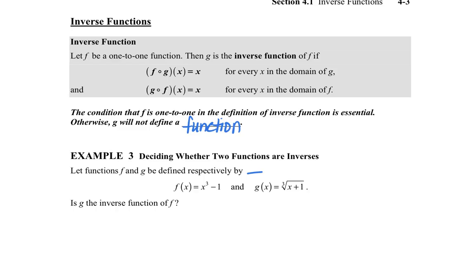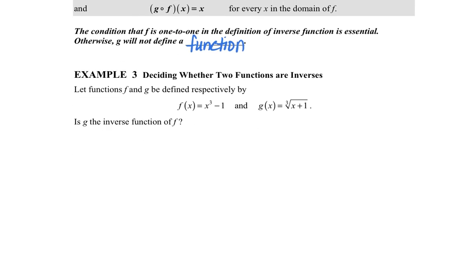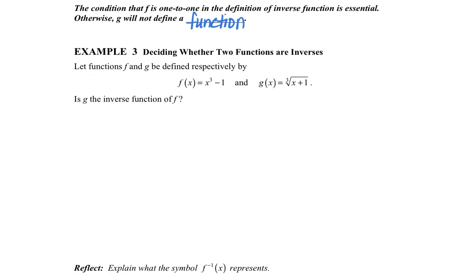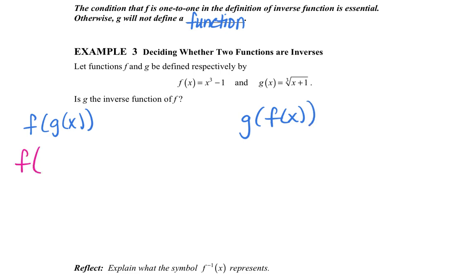So let's look at this first example. It says, let functions f and g be defined. Is g the inverse? So we're going to do f of g of x, then we're going to do g of f of x. So f of g of x, which is the cube root of x plus 1. So I'm going to use this function and replace x with what I replaced x with here.